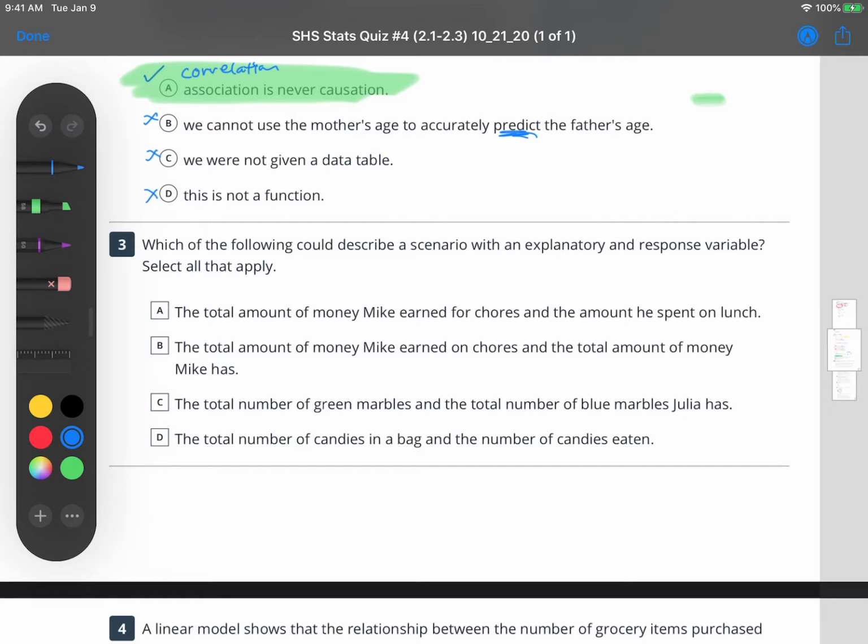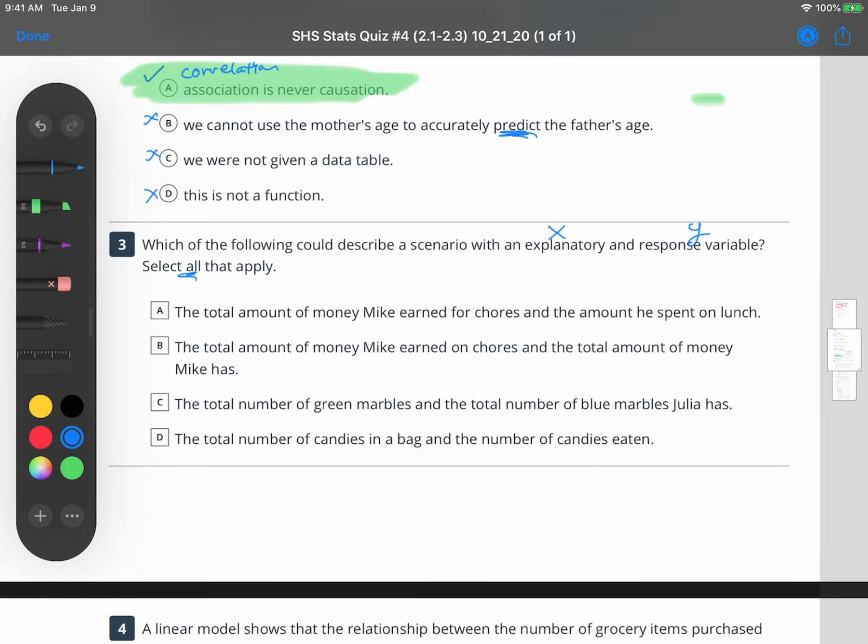Question number 3. Which of the following could describe a scenario with an explanatory variable, so that's my x, and a response variable, which is my y? Select all that apply because it can be multiple. Okay, the amount of money Mike earned for chores and the money he spent on lunch. If you made a lot of money, could you spend a lot of money on lunch?